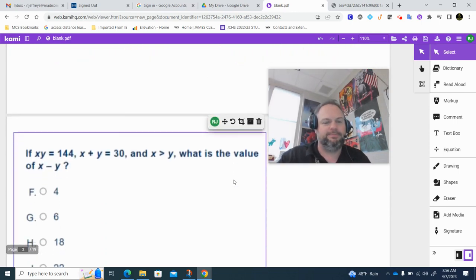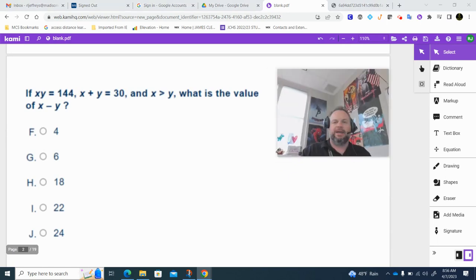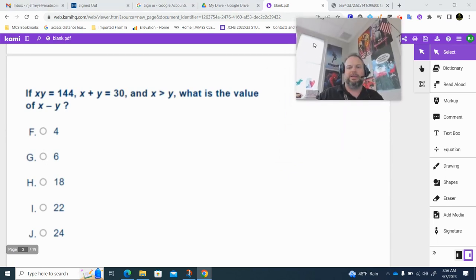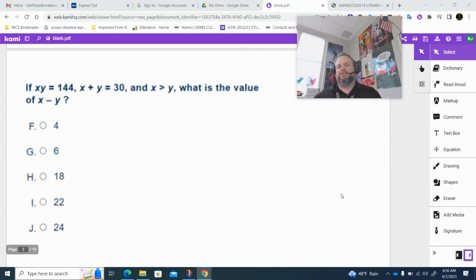All right. So, a couple things that we need to look at as we're looking at these math problems. Number one, they're going to have a lot of words, unfortunately.